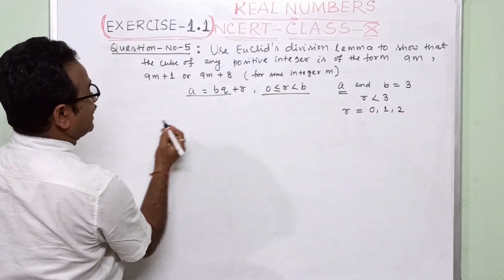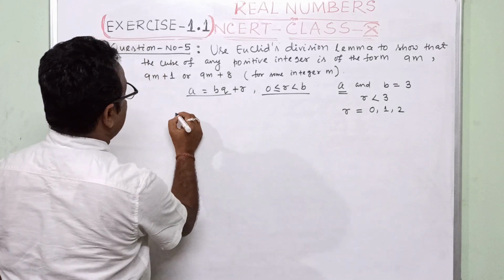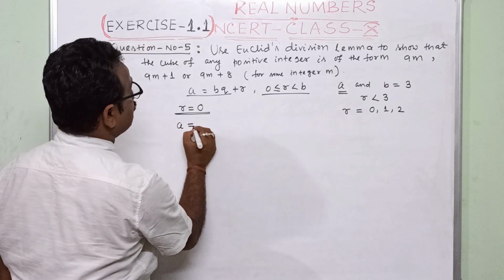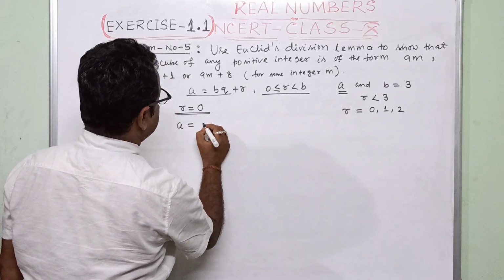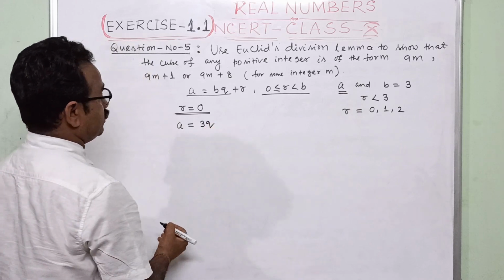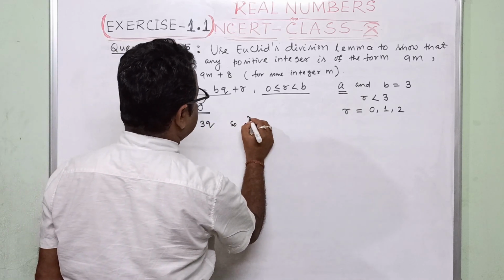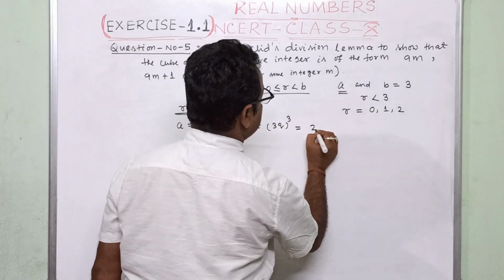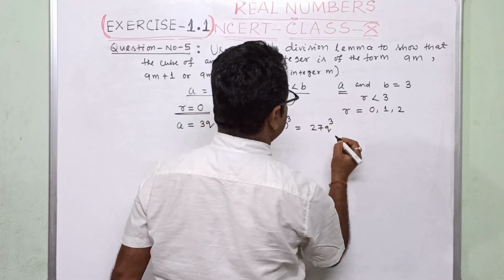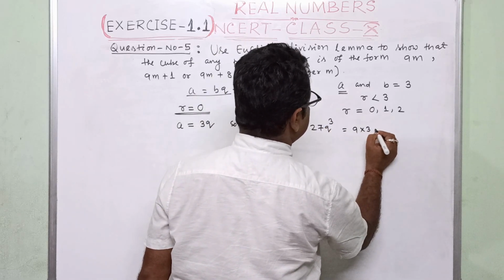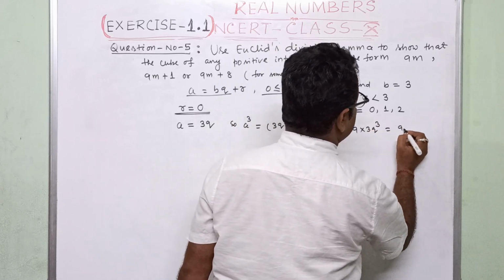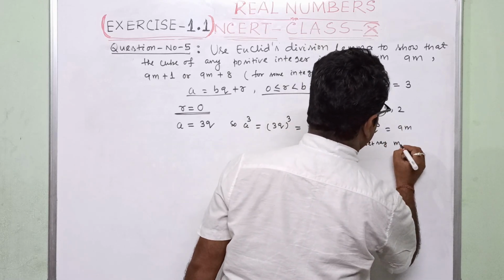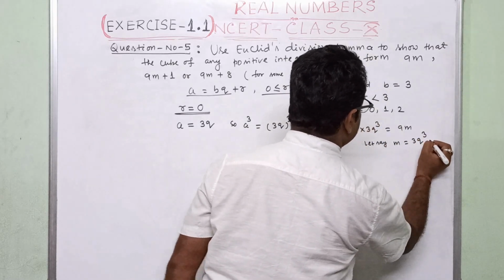So now there are three cases. a is equal to bq plus r. Now r is equal to 0. I have taken b is equal to 3, so a is equal to 3q. So a cube is equal to (3q) whole cube, which is equal to 27q cube, which is equal to 9 into 3q cube, which is 9m. Let m be equal to 3q cube.